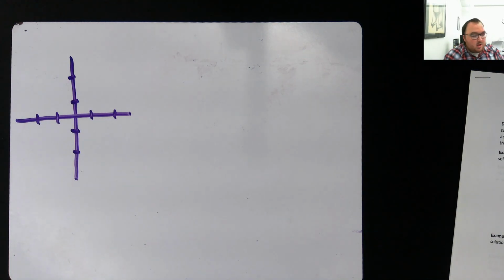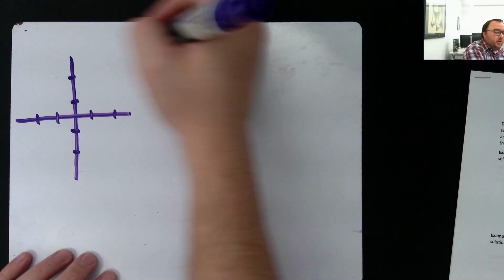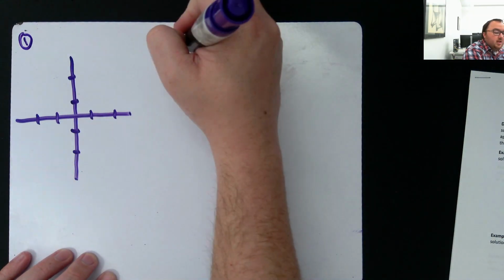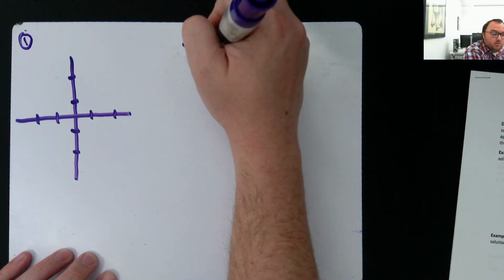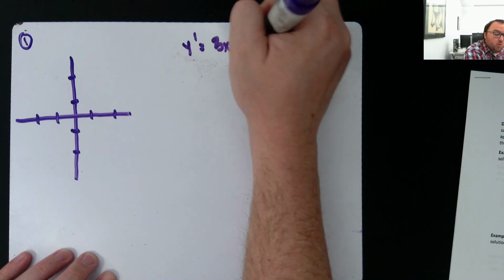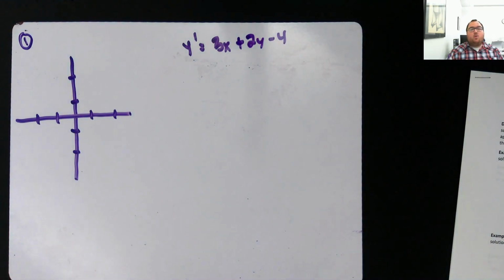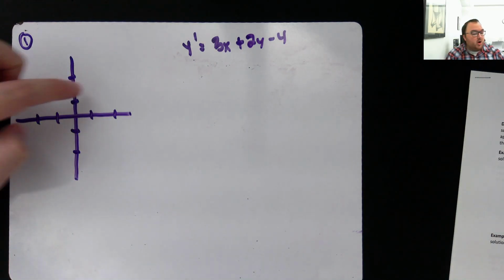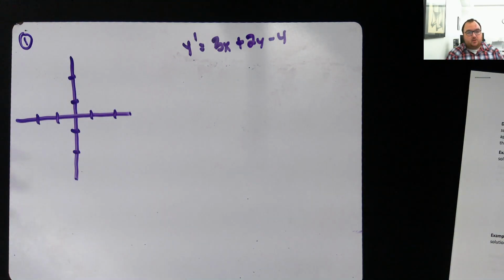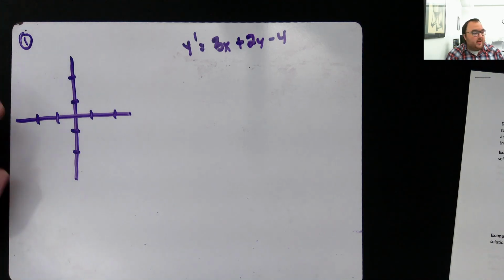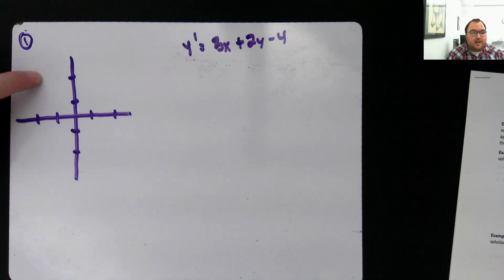So the differential equation is y prime equals 3x plus 2y minus 4. And again, y prime tells me my slope. So I'm going to go through every point on here and figure out what the slope is, okay? My first point is (-2, 2). That's right here, so I'm going to plug in that first.